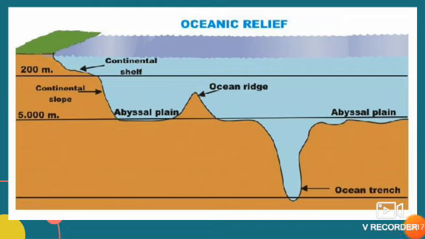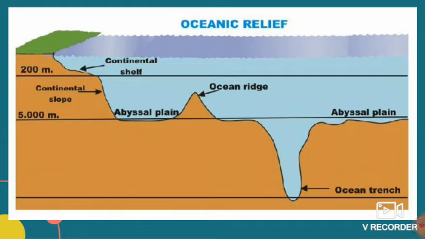Look at this ocean relief picture. You can see that first is the continental shelf, then the continental slope, next the ocean's sea floor, and after that there are some trenches. Valleys in the oceans are called trenches, and there are many deep trenches in the oceans.